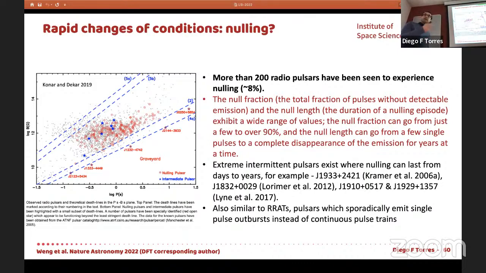So most of the time, you would not see these pulsars. There are several which you only see very, very rarely. And of course, there should be a lot more pulsars like this, because obviously the pulsars that we have are biased, since these ones are much more difficult to detect.